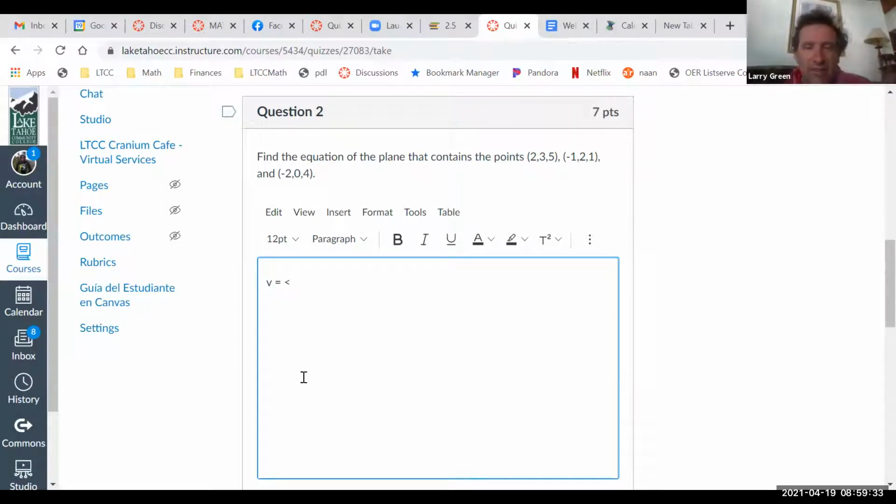Yeah, we take the displacement vector, which means we take maybe the second point minus the first point. So -1 minus 2 is -3, 2 minus 3 is -1, and 1 minus 5 is -4.